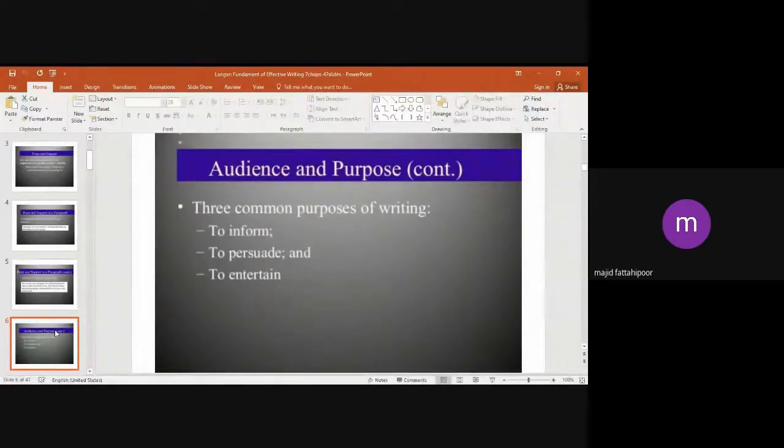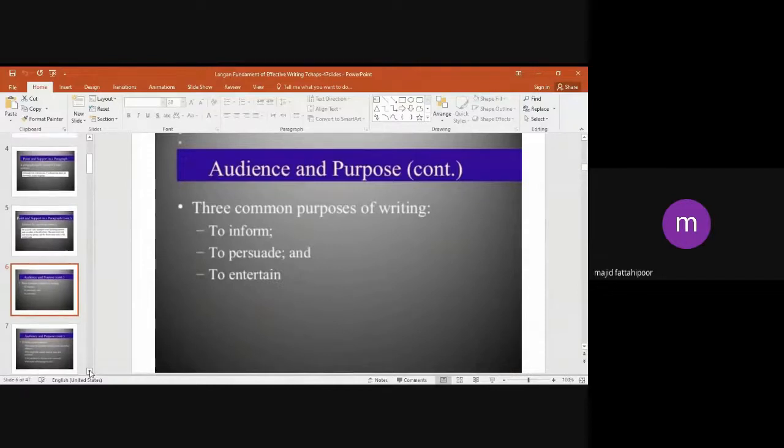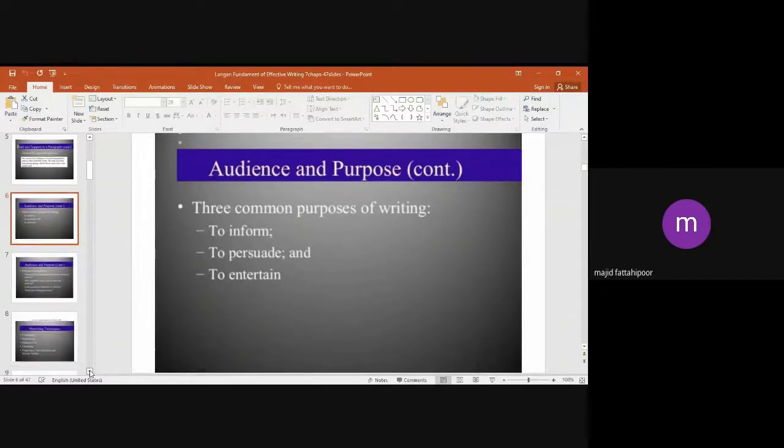And you can see that any form of writing, academic writing, should fulfill at least one of those purposes, okay? At least one of those purposes. Sometimes it's both to inform and persuade, sometimes it's both to persuade and entertain, but at least one of them, okay?